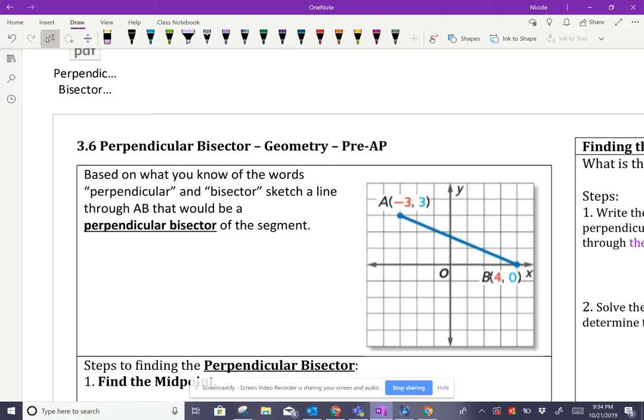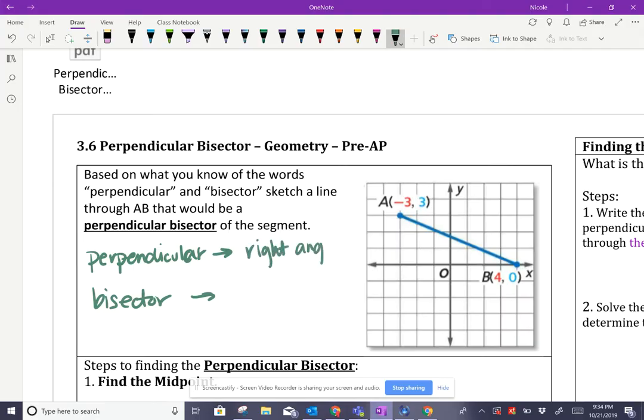So thinking about the word perpendicular bisector, let's break that one down. We've got perpendicular, which we've seen before, and we have bisector, which we have also seen before. So think about those two words. What do they make you think of? Well, perpendicular, what do perpendicular lines create? They create right angles. And bisectors, well, let's see.